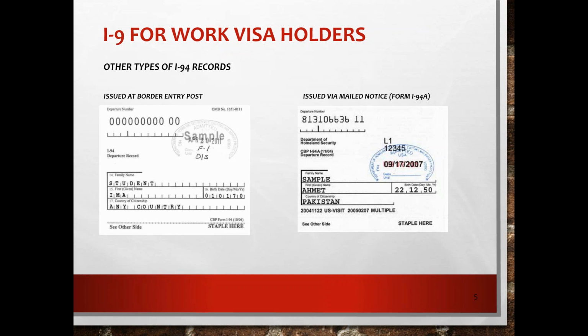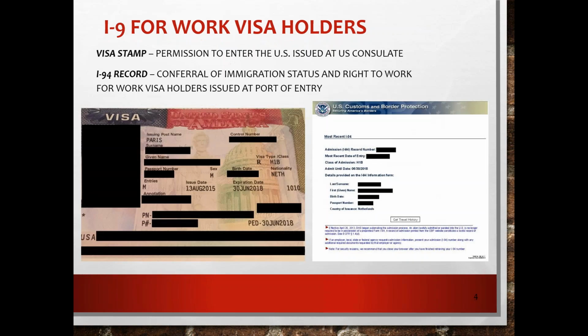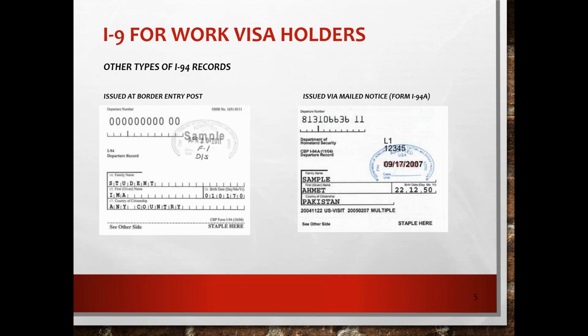Those cards are no longer issued at the airport. You now, and let me go back here for a second, you now have to download your I-94 record from the I-94 download site. And the employer can do that, or the individual, and then put that printout with the passport as direct evidence of that person's work authorization and immigration status. So it's an extra step now that the foreign national has to take when going through the airport.